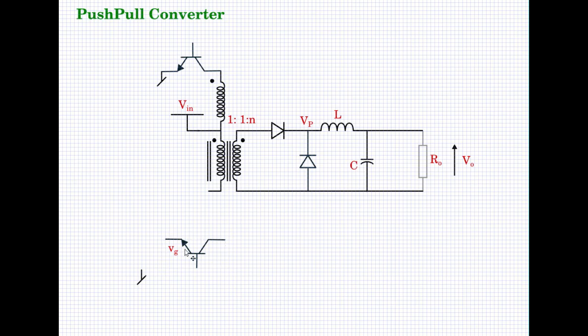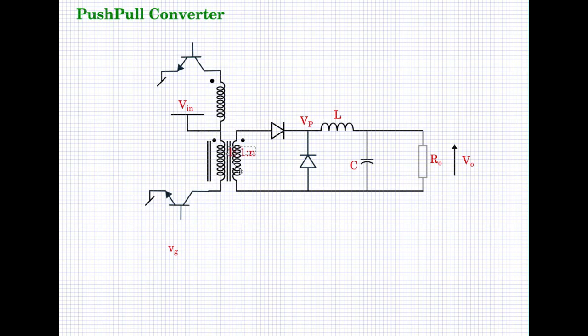Let me switch over and flip this up like this, and then I will connect this transistor here, and we have something like this. Now this is a push-pull circuit.